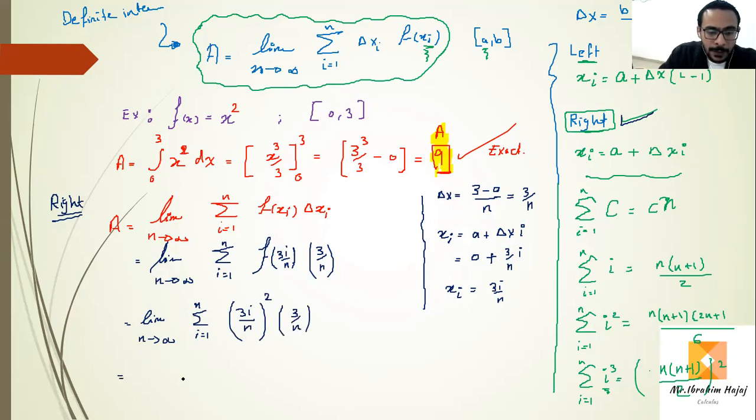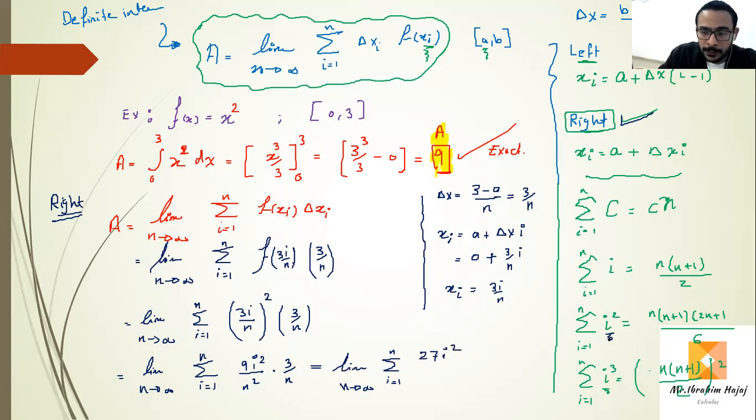Now expand the power of 2: 3 squared gives 9i squared over n squared, multiplied by 3 over n. This is simply the limit as n approaches infinity of the summation, i from 1 to n, of 27 i squared over n cubed, since 3 times 9 is 27.